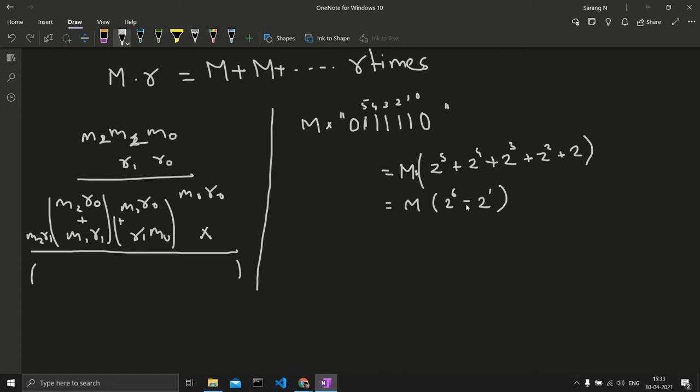It's a subtraction operation, but we know that we can perform subtraction with addition using two's complement or one's complement, whatever we like, right?